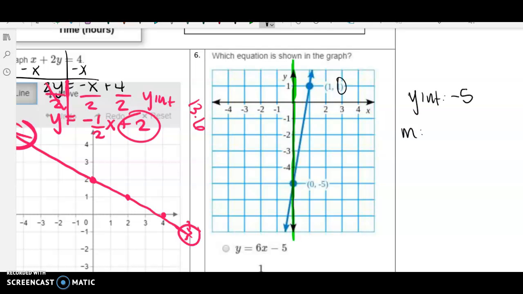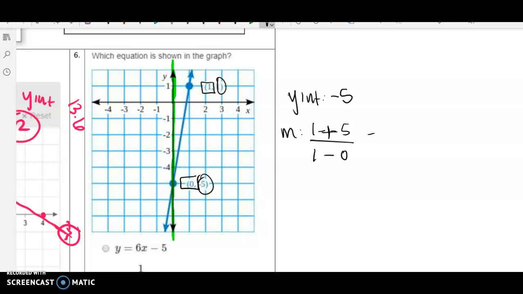So we're going to subtract our y's. So 1 minus negative 5, which means we add those, all over 1 minus 0. So 5 plus 1 is 6 over 1. So our slope is just 6.